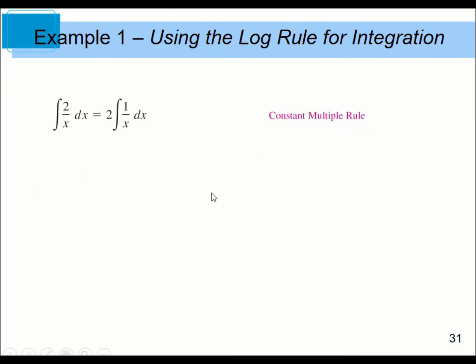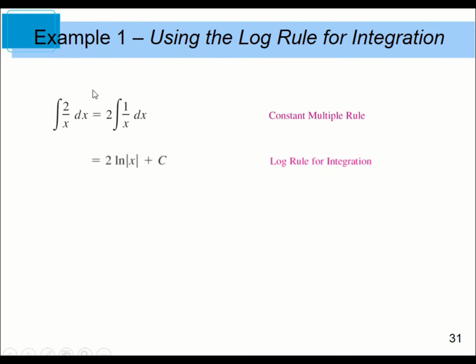So let's take a look at this example. When we integrate 2 over x dx, we can bring the 2 out, and the function itself is 1 over x. So when we integrate 1 over x, we get ln absolute of x plus c. Now we put the absolute here because the value inside a logarithmic function can't be a negative value.